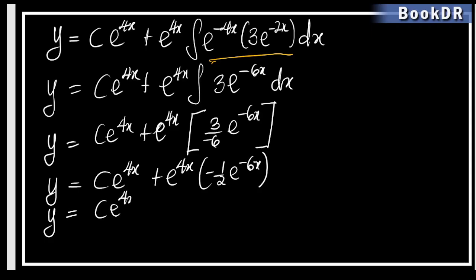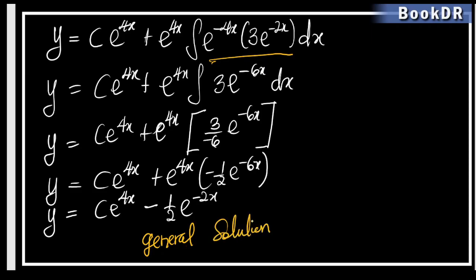You have c e^(4x) plus, so here becomes minus because we are multiplying by a negative number, so minus half e^(-2x). Remember, the multiplication is done by just adding the powers. So this becomes the general solution to the differential equation.